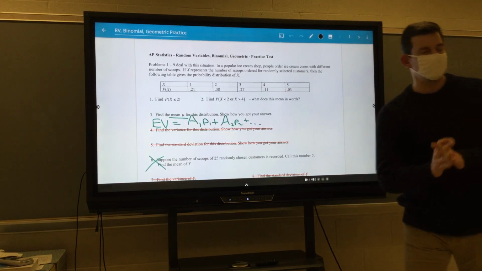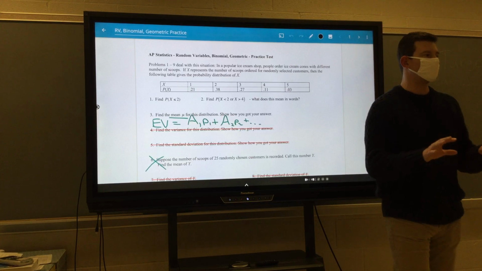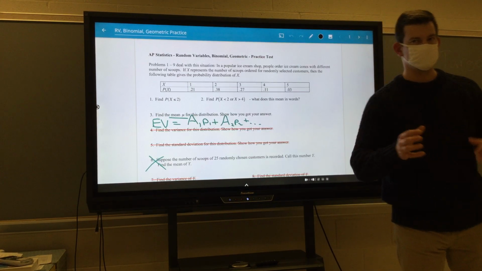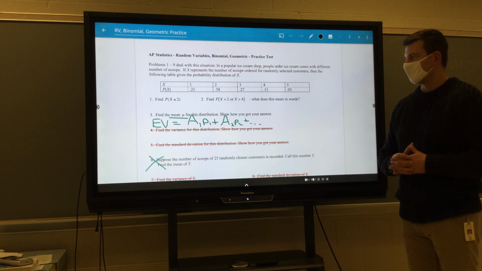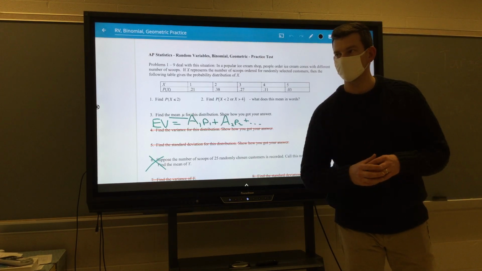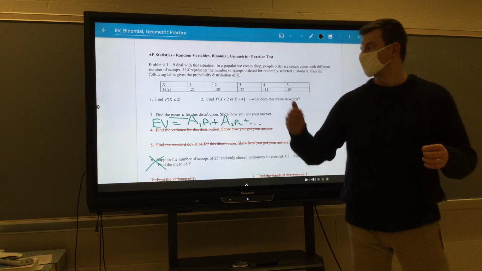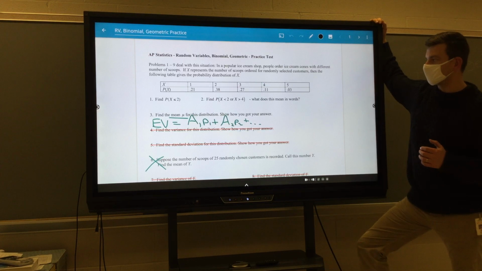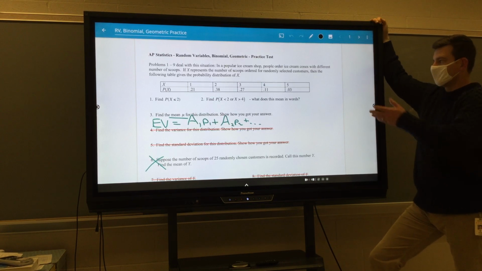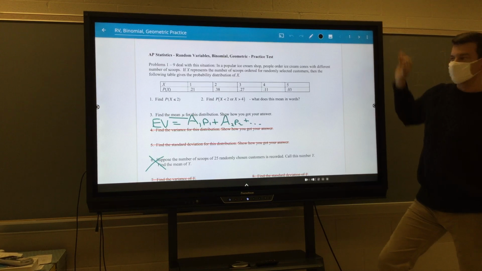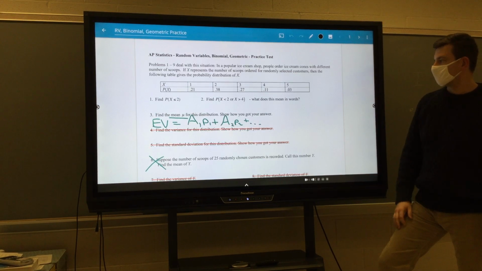Remember, we talked about random variables right before winter break. Okay, so I know that that might have been lost in the shuffle here, but random variables, they're numeric representations of outcomes. So we have a scenario provided here and the probability distribution given to us. An ice cream shop, this represents the number of scoops of ice cream that people will purchase.